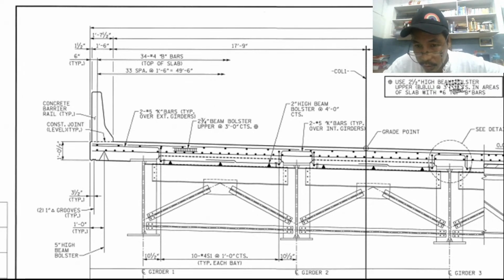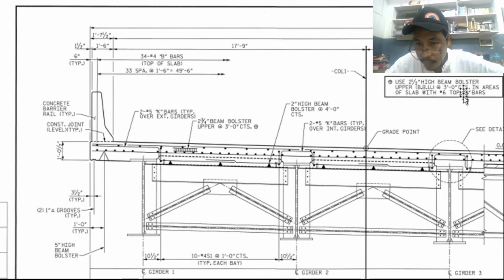This is 2 3/4 upper, so BBU at 3 feet 0 inches centers in areas of slab with number 6 top 8 inches bars.